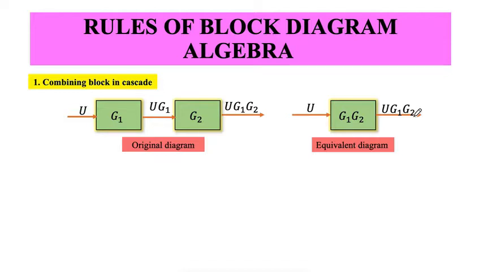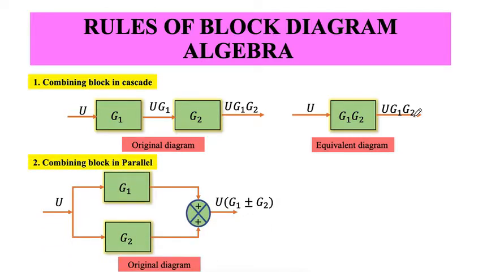Now if I have things in parallel, I can start with this diagram, which looks like this. This is a block diagram. I know that these two signals will be u g1 and u g2, and here is the summation block. So the two signals will get added up and you will get output as u g1 plus or minus g2, depending upon the combination.